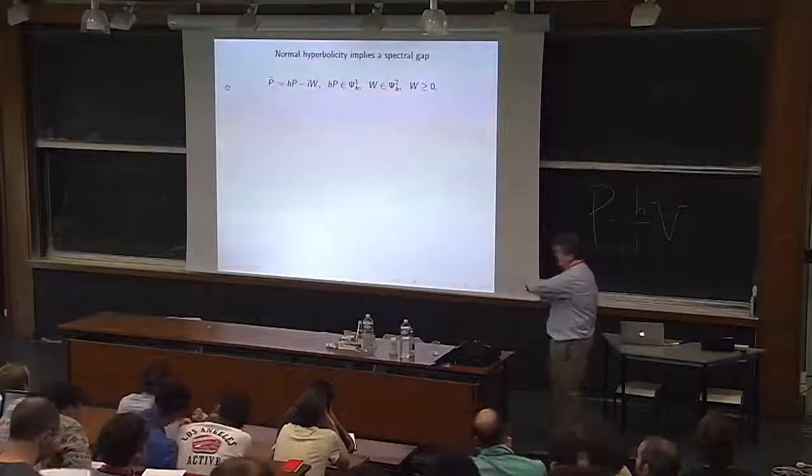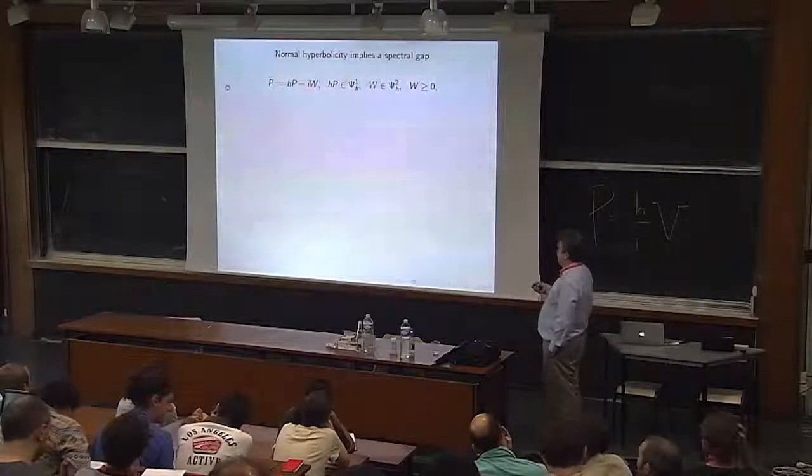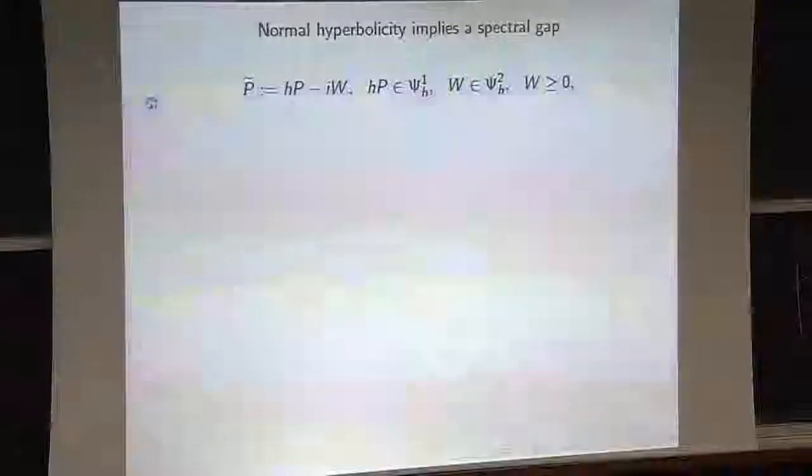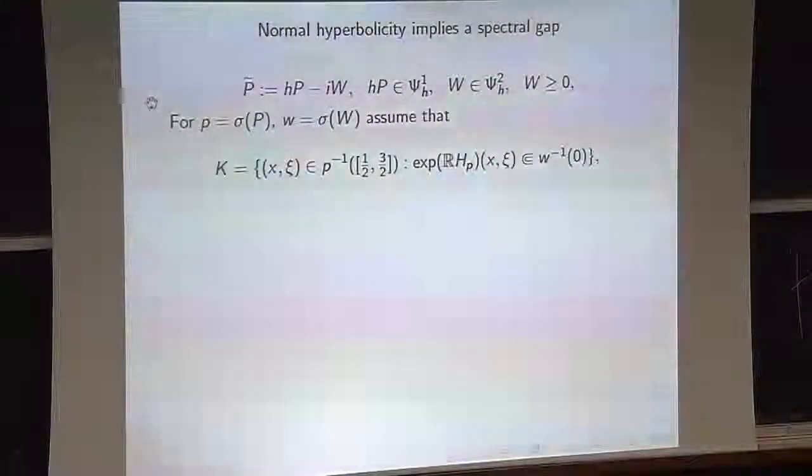So let me say what it was. We considered the case where we had operators of this form, where we added a complex absorbing potential near infinity. And the point is that this complex absorbing potential defines the trapped set, which comes, of course, from the actual flow on this non-compact cotangent bundle, and is the same as the trapped set defined using the complex absorbing potential.